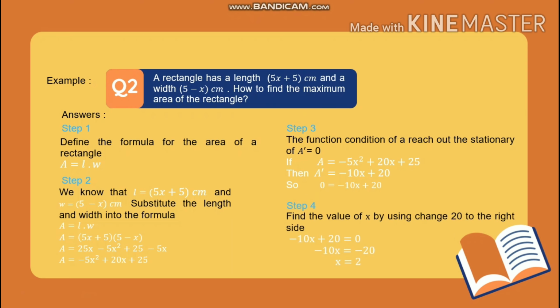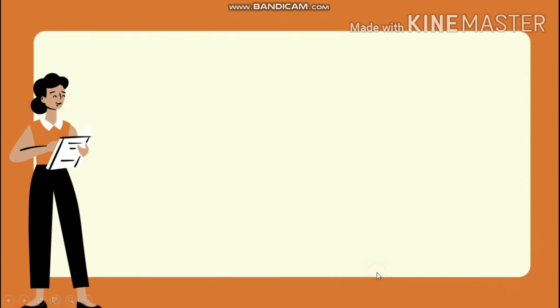Step 4. Find the value of x by using change 20 to the right side. Minus 10x plus 20 equal to 0, and we can change 20 to the right side. Minus 10x equal to minus 20, so x equal to 2. Step 5.